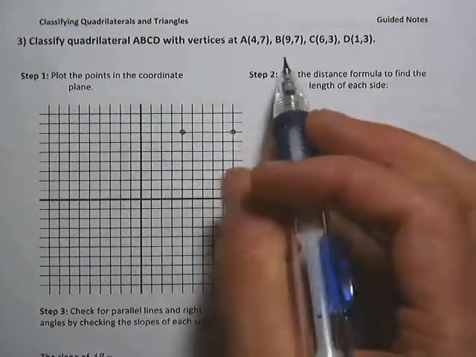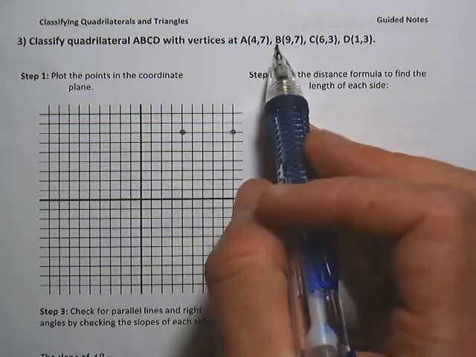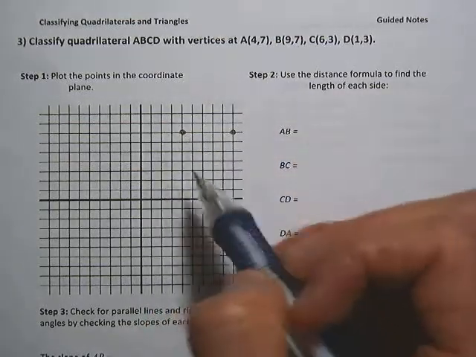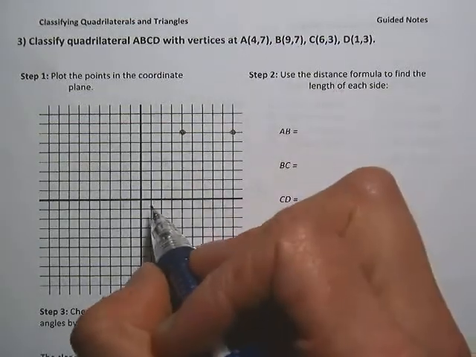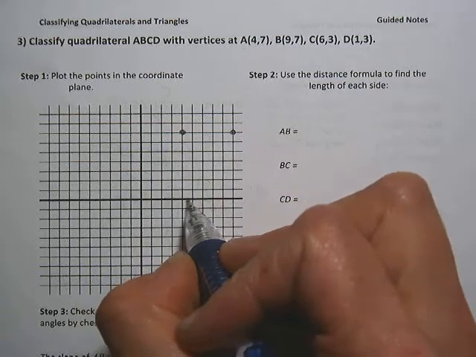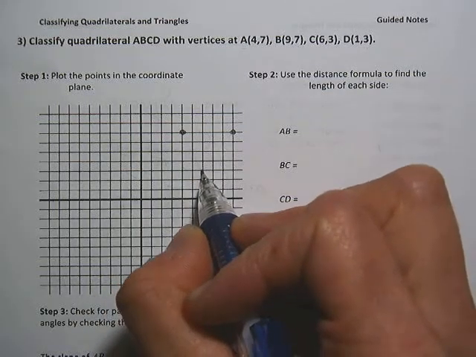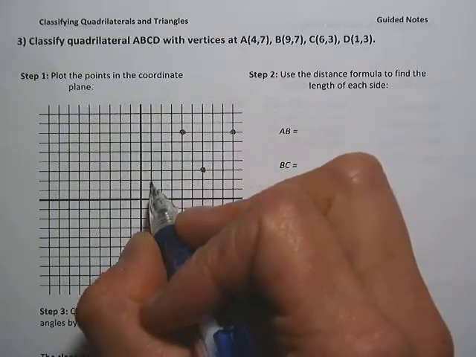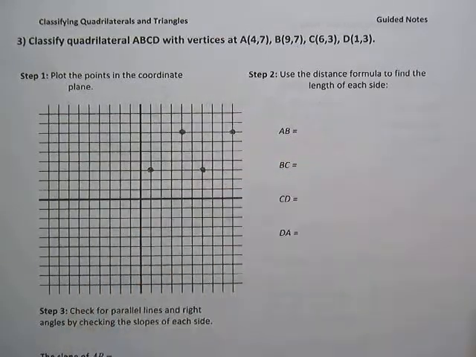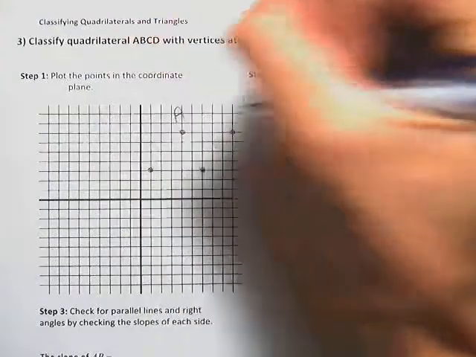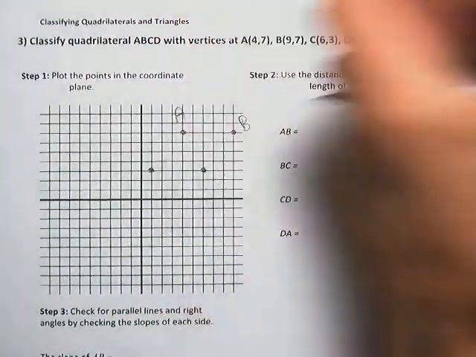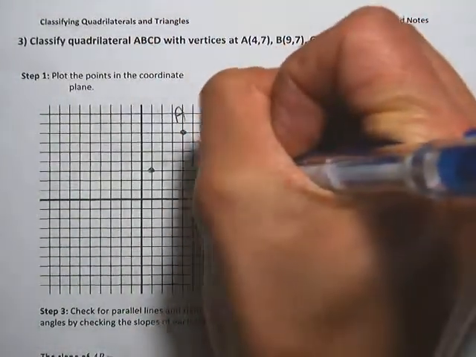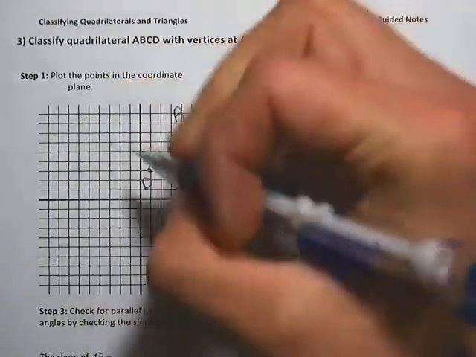Okay, and I'm going to wait to label them in a minute because I don't know where the rest of it's going to be. So we've got 6, 3: 5, 6, and then 1, 2, 3. And then we have 1, 3: so 1, 1, 2, 3. All right, so now I can label them. So we've got A, this one was B, this one was C, and this one was D. And then I'm going to connect them.